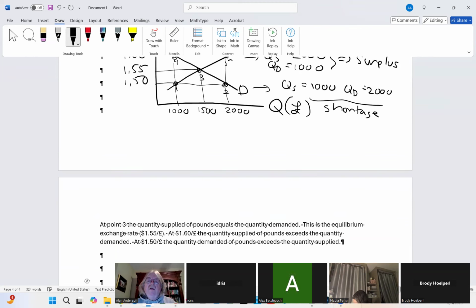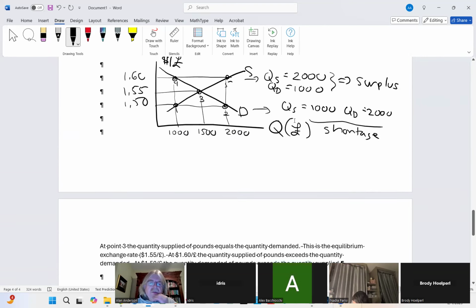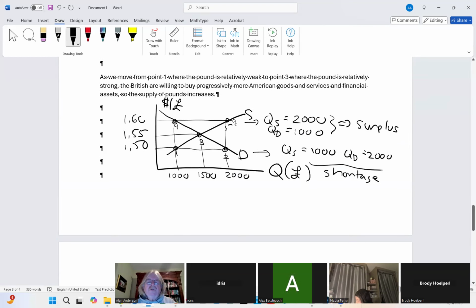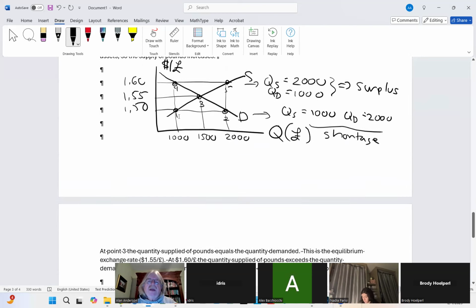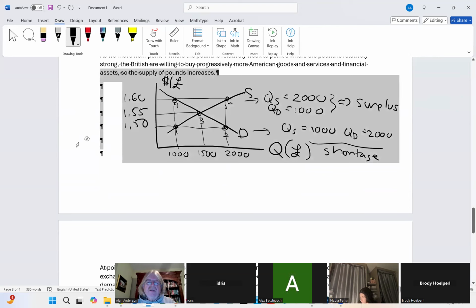Now, the markets will adjust very quickly to this. So in the top case, when there's a surplus, and this is true for any good, the quantity supplied will shrink and the quantity demanded will grow. In fact, let's see what I can do.